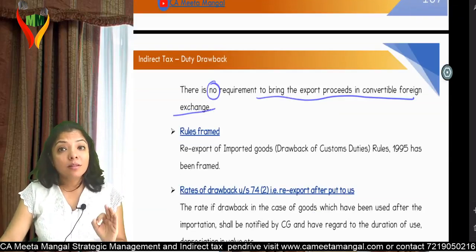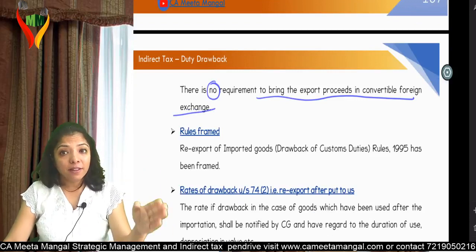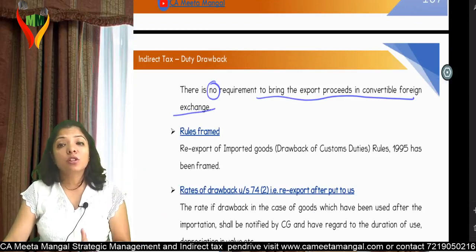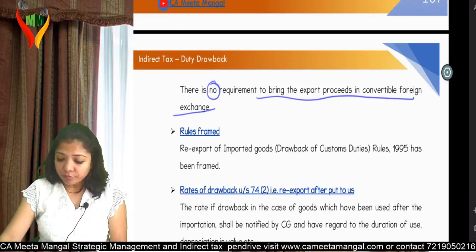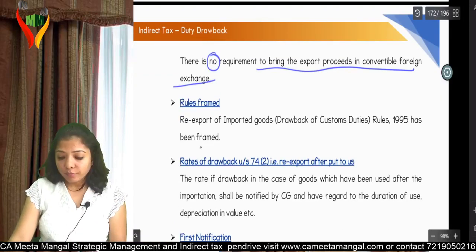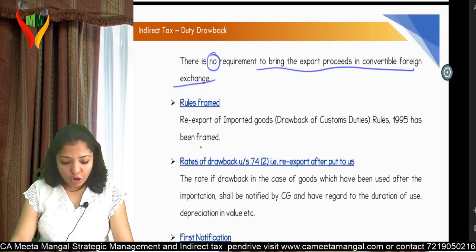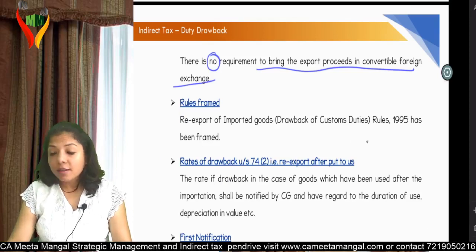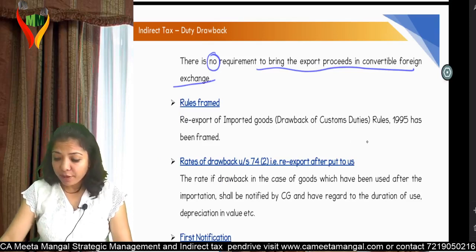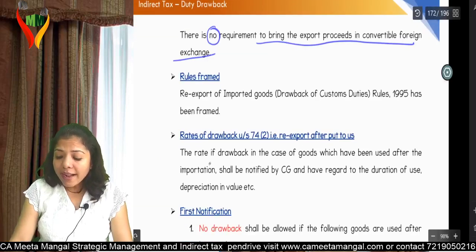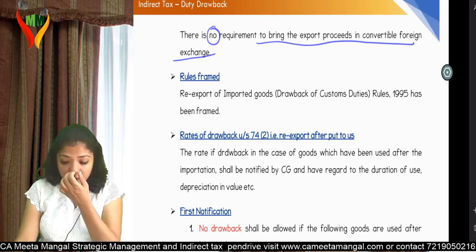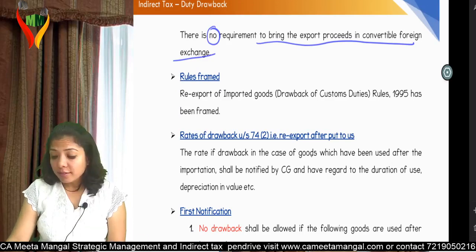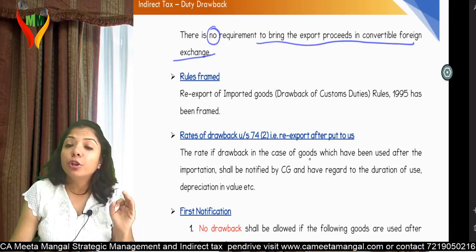Now, rules. Section 74, I have given this much. Now there are rules which talk about further things. The Re-export of Imported Goods (Drawback of Customs Duties) Rules, 1995 has been framed. Rates of drawback under section 74 subsection 2 are for re-export after being put to use.